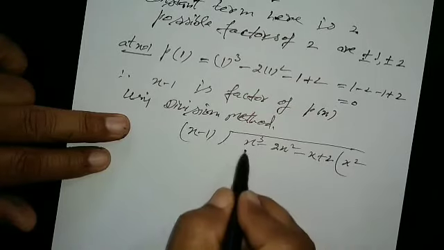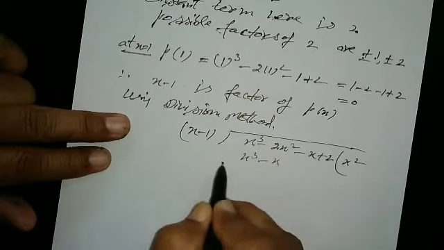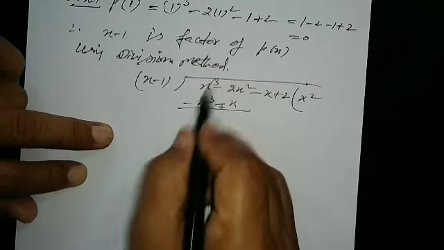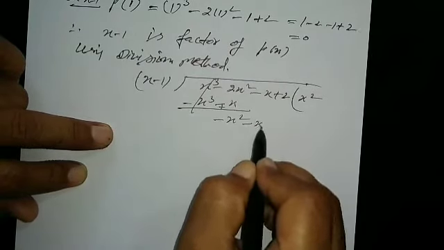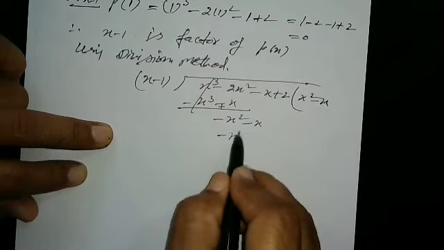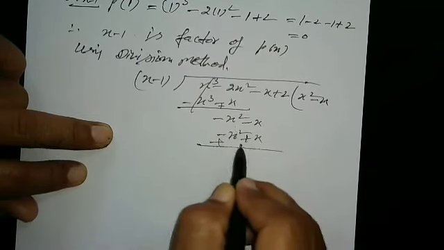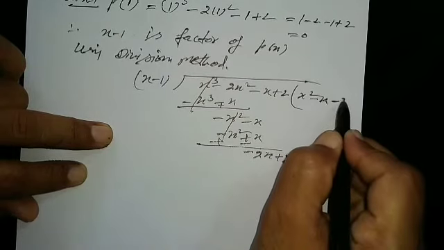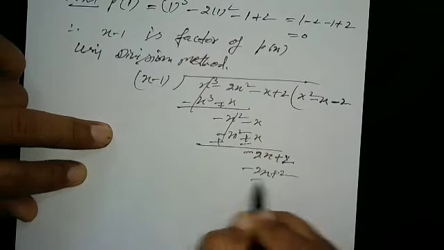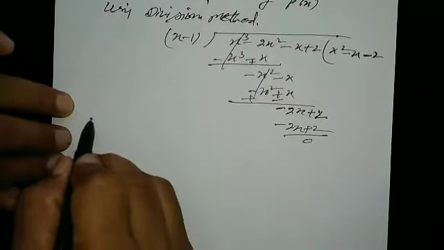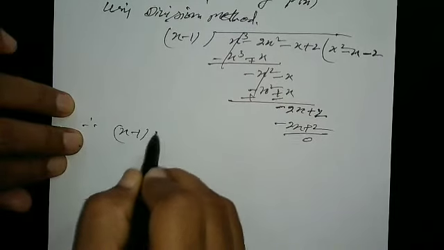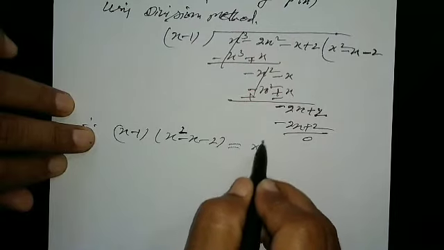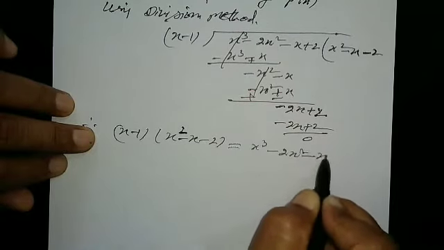You will see here it is x square, x cube minus x square, that cancels, minus x square minus x, minus 2x plus 2, and you see the remainder is 0. So x minus 1 and x square minus x minus 2 equal to x cube minus 2x square minus x plus 2.